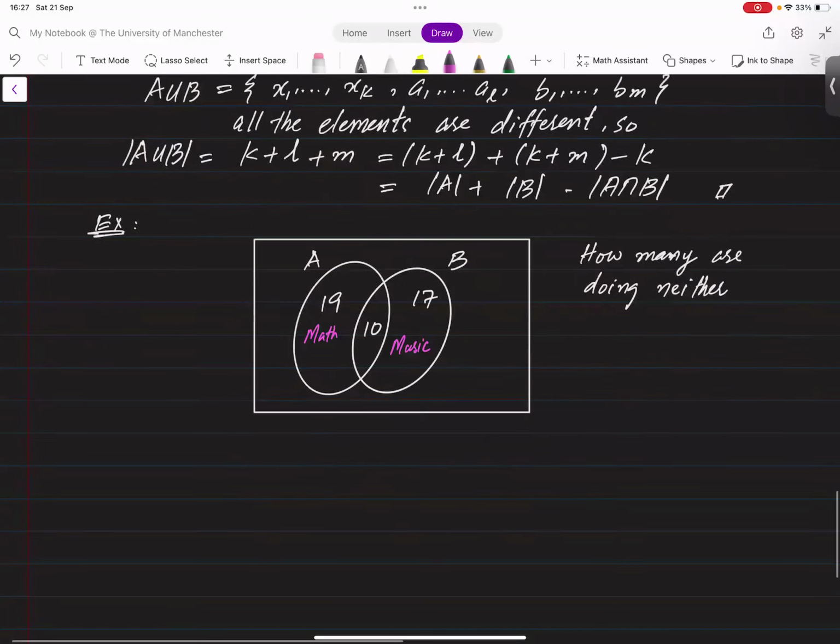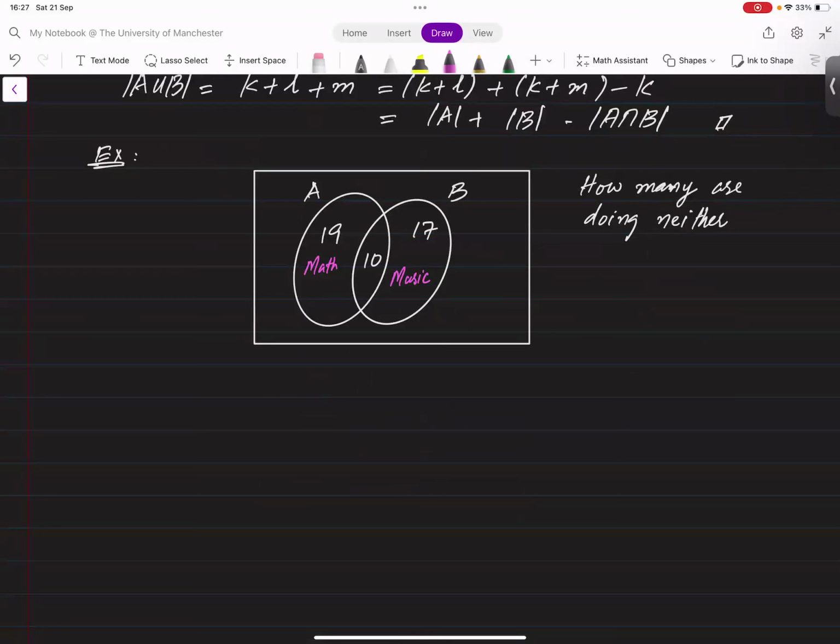Okay, so to answer this, we say that order of A is 19, order of B is 17, and order of A intersection B is 10.